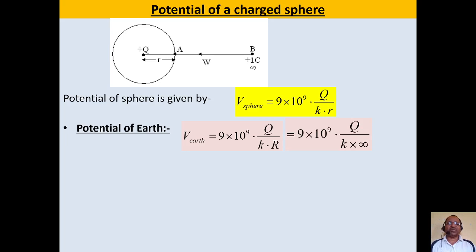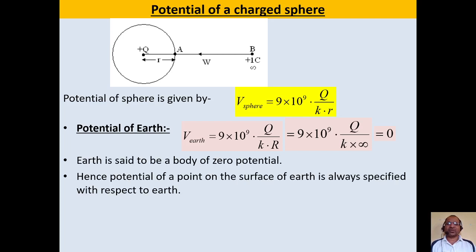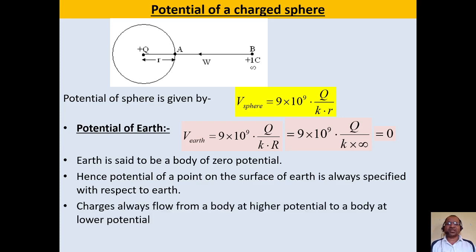And as 1 upon infinity is equal to 0, we say that V Earth is 0. That is, the potential of Earth is considered to be 0, or we say Earth is a body of zero potential. So the potential at any point on the surface of Earth is always specified with respect to Earth. We say that charges always flow from a body at higher potential to a body at lower potential.